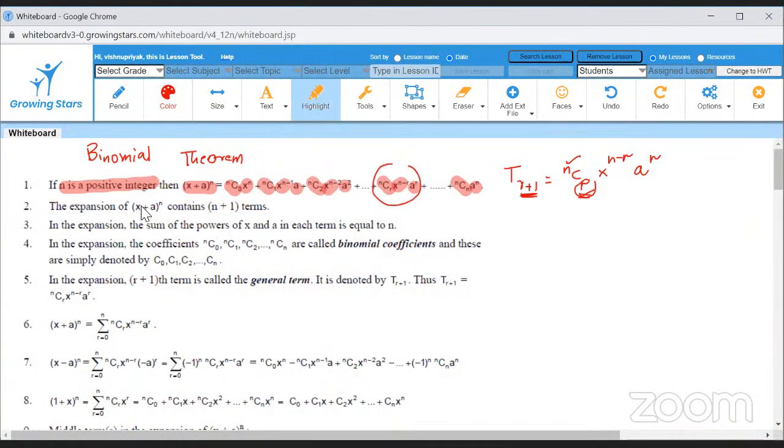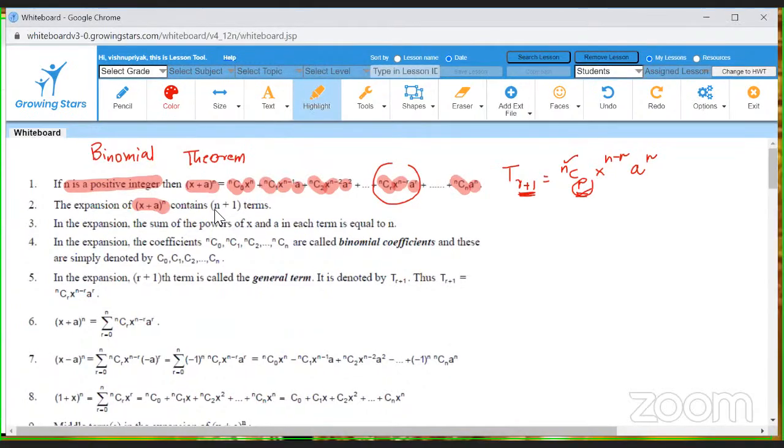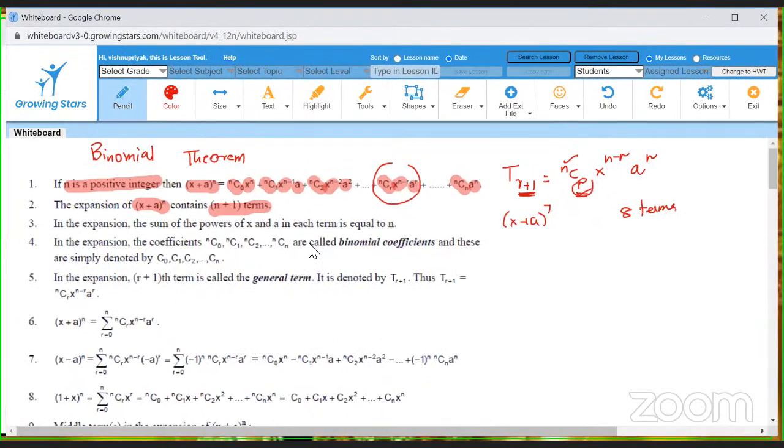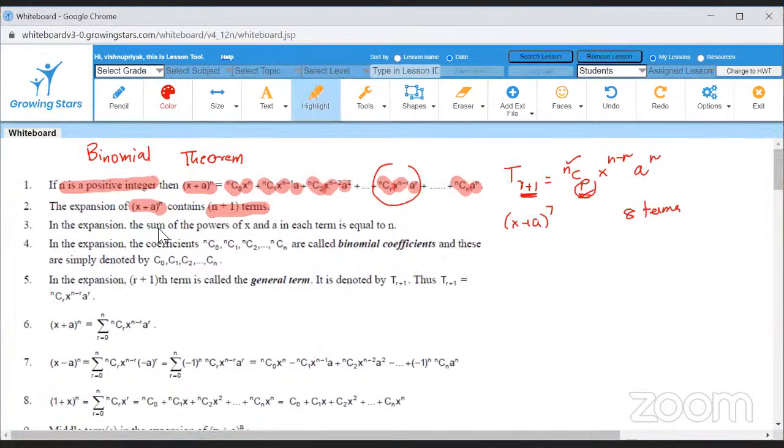Now, when (x plus a) whole power n is there, in total it will have n plus 1 terms. Like if you have (x plus a) power 7, a total of 8 terms will be there in the expansion. And then the sum of powers of x and a in each term will be n.